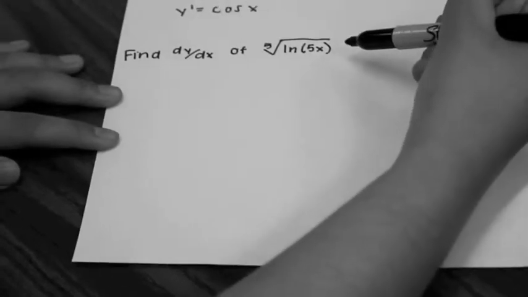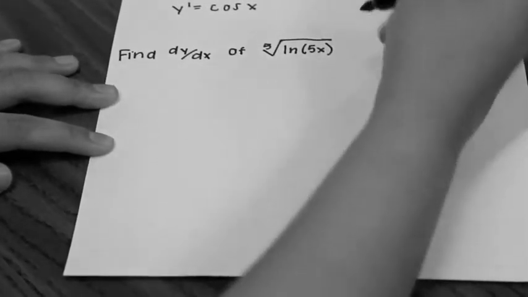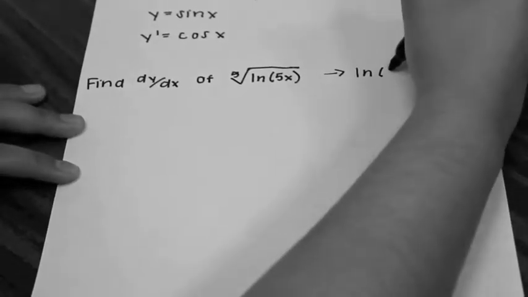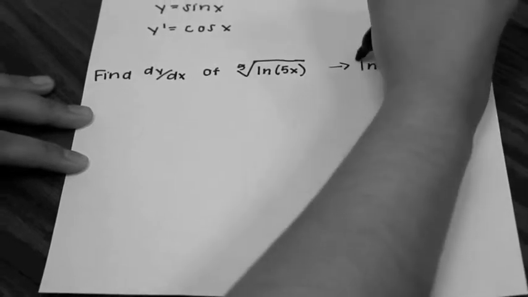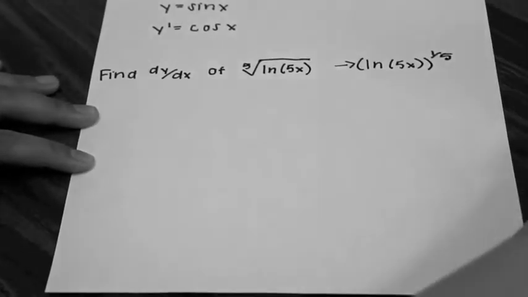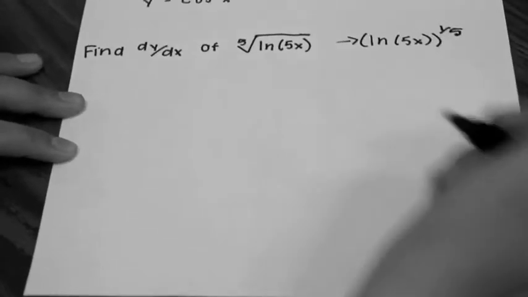Now moving on to our second example, find dy over dx of this equation. You can rewrite this to become ln of 5x to the 1/5 power. And to take the derivative of this, you have to use chain rule.